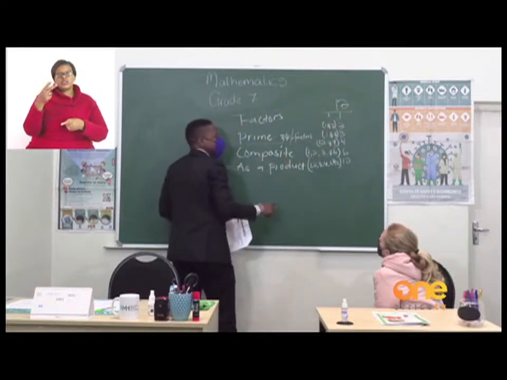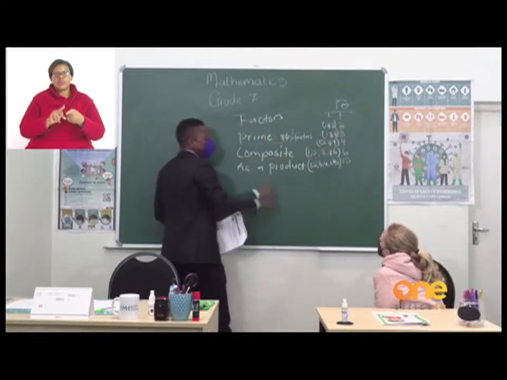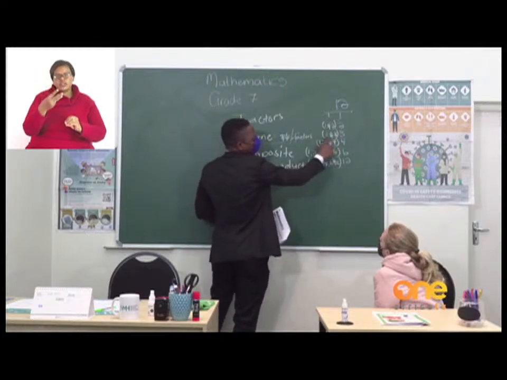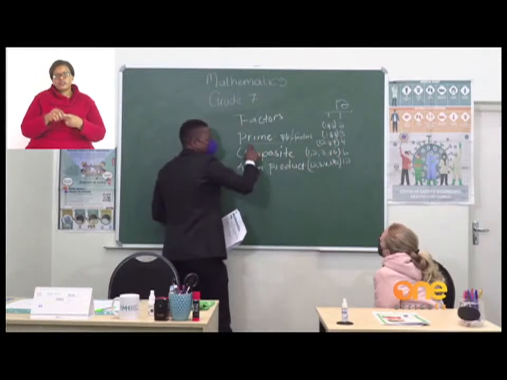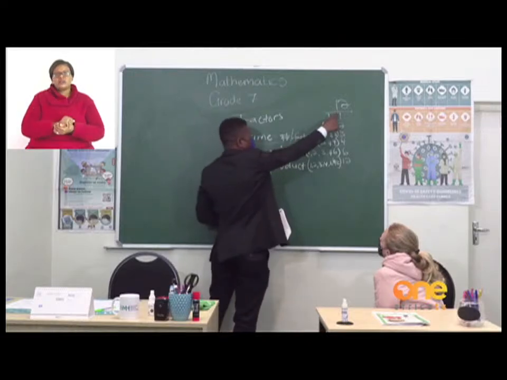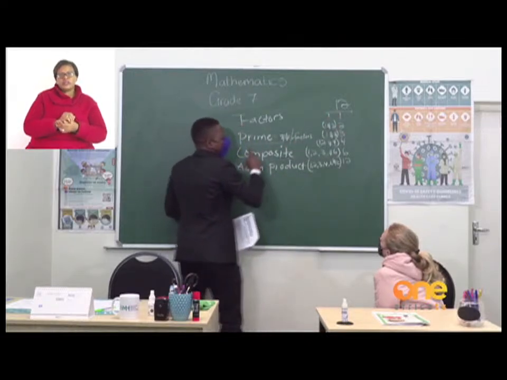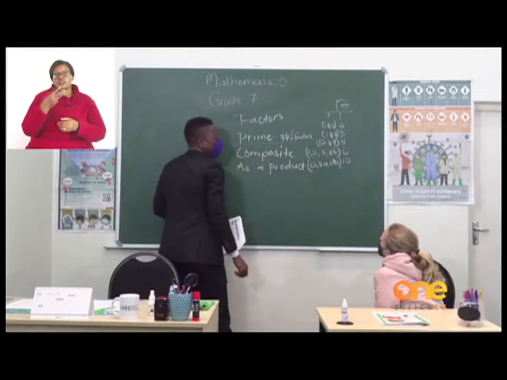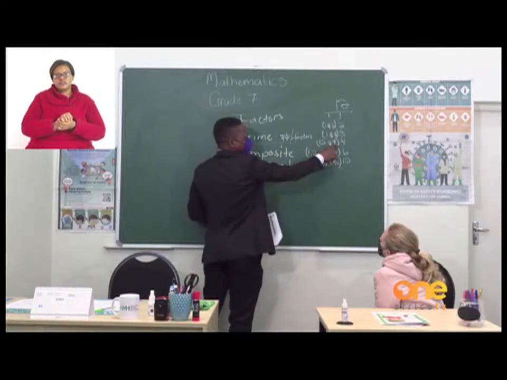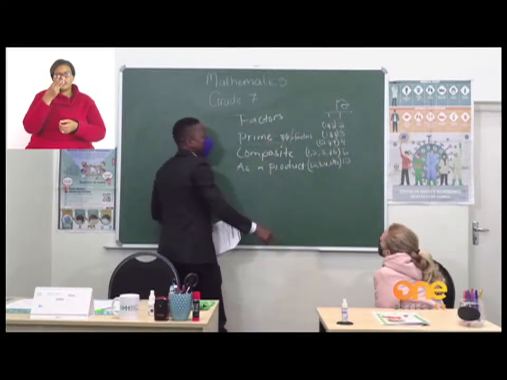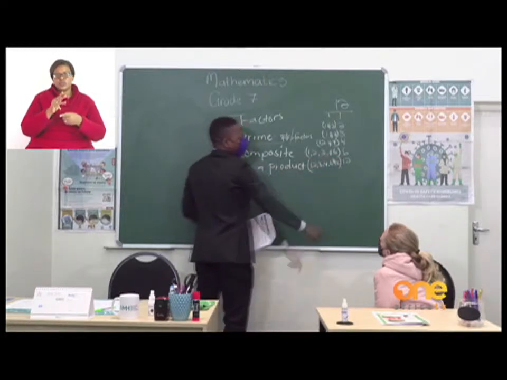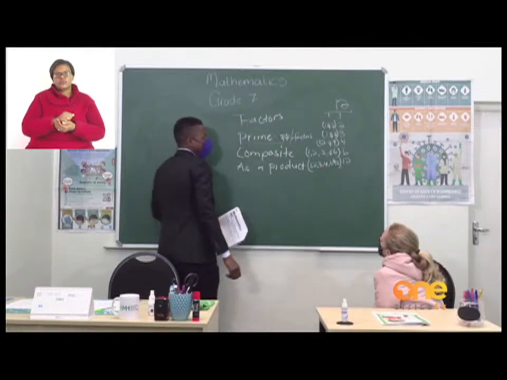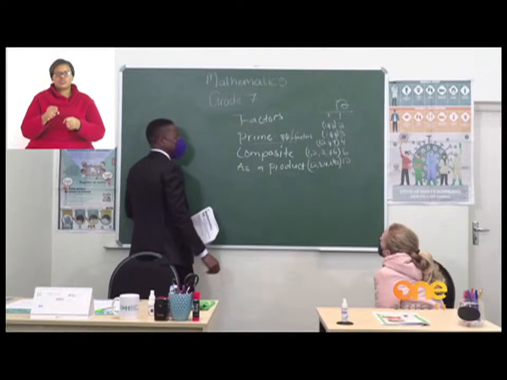So in this case, 2 is a prime factor of 12. 3 has two factors, so 3 is a prime factor of 12. 4 has three factors, meaning 4 cannot be a prime number. 6 has more than two factors, so it is not a prime number, and 12 the same, it cannot be a prime number or a prime factor.